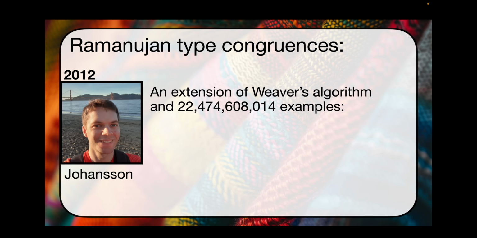And then in 2012, there was an extension to Weaver's algorithm that produced another 22 billion examples of Ramanujan type congruences. So here's a particularly crazy one. So this is numbers of the form 999959 to the 4th power times 29k plus, well, I won't read that number off. So numbers of that form, the number of partitions of numbers of that form is congruent to 0 mod 29.